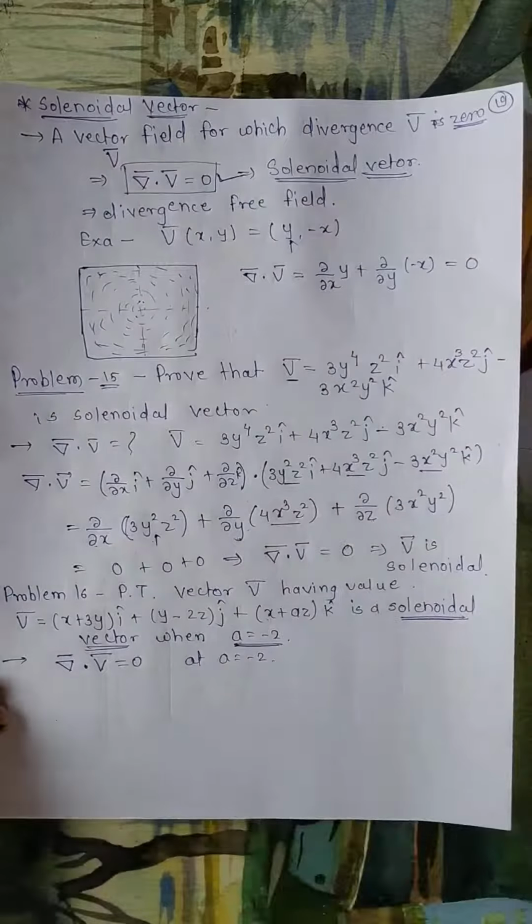Since the given vector is solenoidal, del dot v bar equals 0. So what you have to do is find del dot v, equate it to 0, and then you will get a equal to -2. So let's find del dot v.